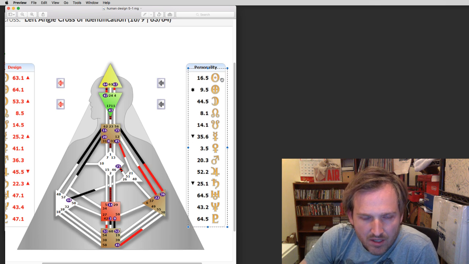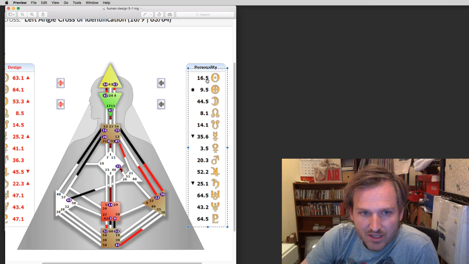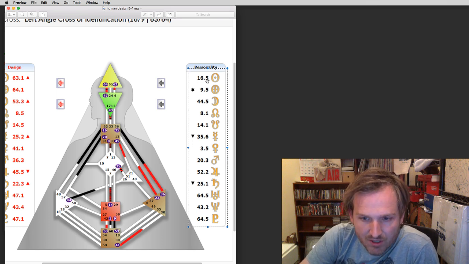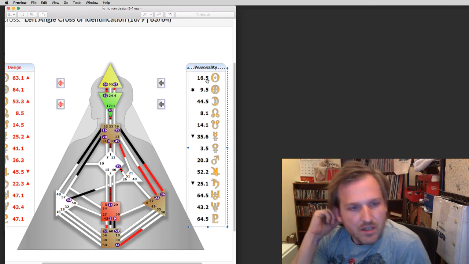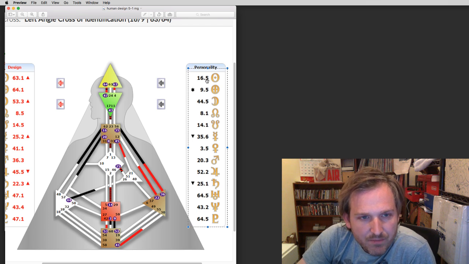So this person was born with the sun in the 16th gate, and then the second number, that's what line, so the 5th line. Which is like 5/6 of the way through, approximately, because they were born somewhere within the 5th line, or 4/6, I guess. All right, somewhere between 4 and 5/6 of the way through.